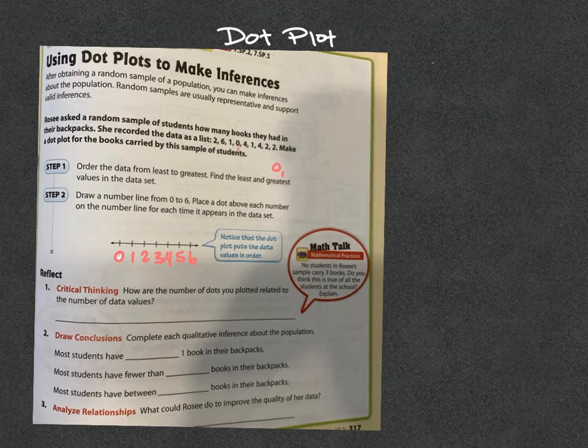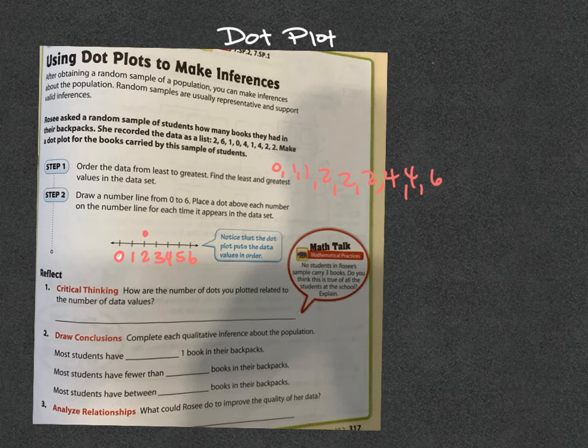So 0 is the smallest, 1, 1, 2, 2, 2, 4, 4, and 6. Then you would come over to your number line and put a dot above it for each of these. The reason I said skipping step 1 wouldn't hurt is that you're going to get the same thing.